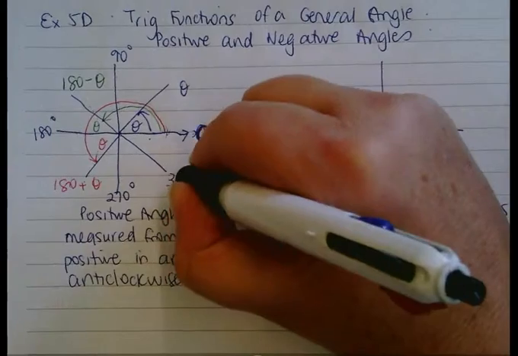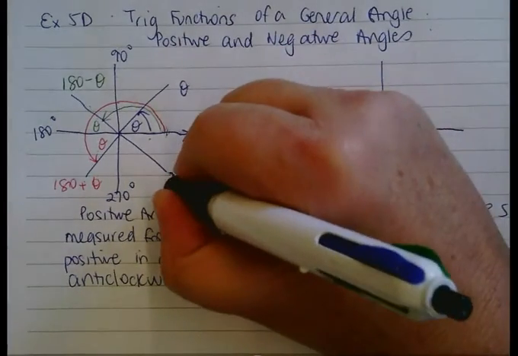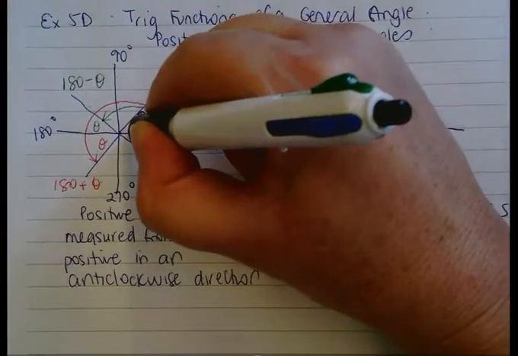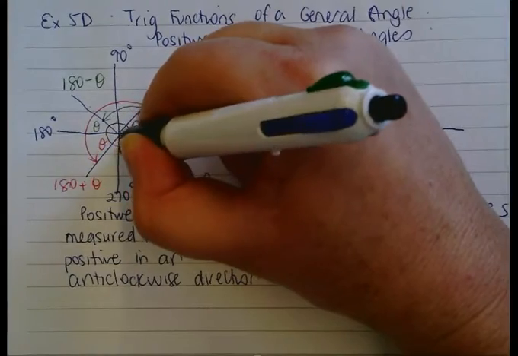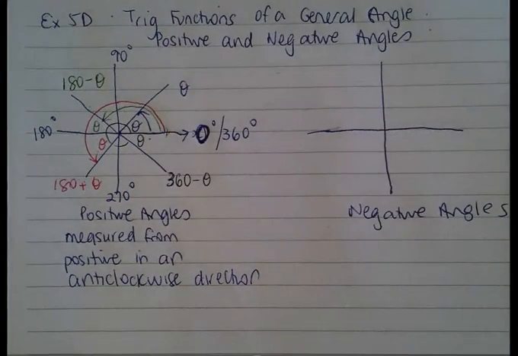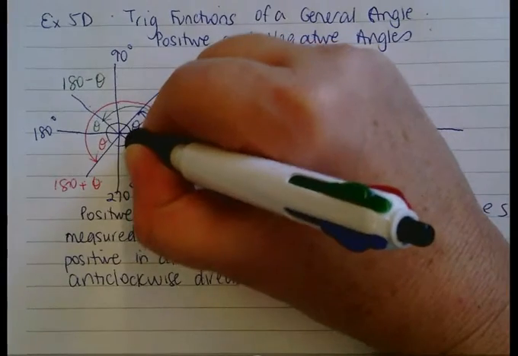And the last one we know, I'll do that one in black, is 360 minus theta. Why is it called 360 minus theta? Because if you go all the way to the full revolution, you get 360, but then we come back, because we've gone too far, in the negative direction for theta. So it's 360, come back for that, minus theta.